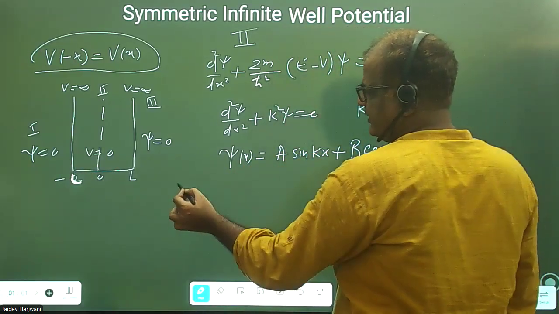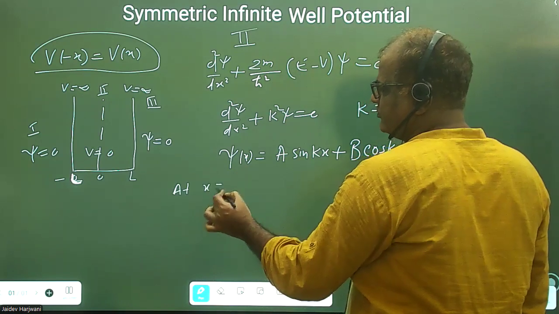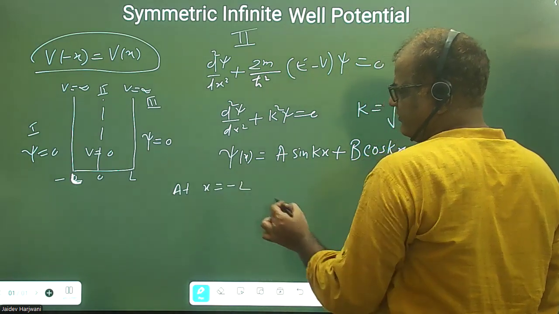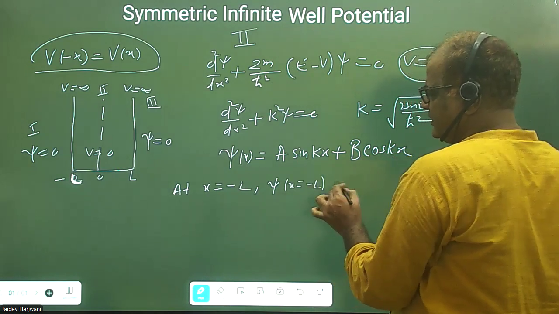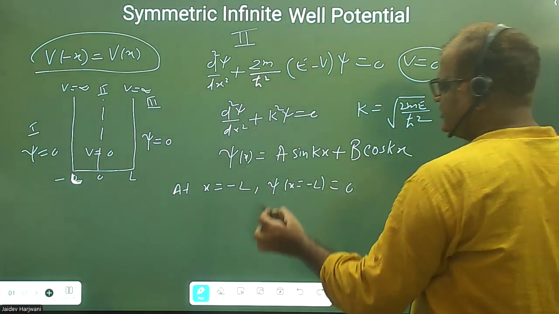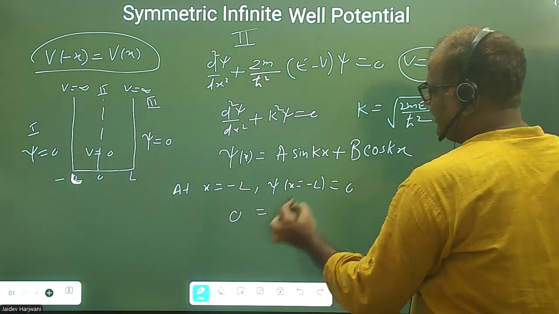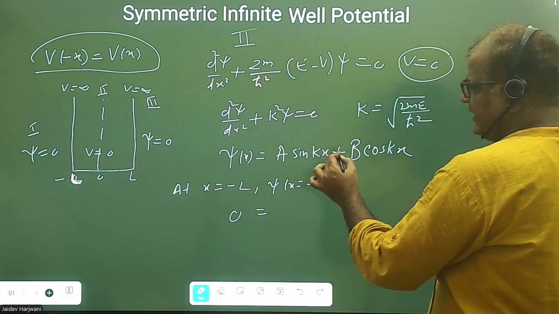So at x equal to minus L, psi at x equal to minus L is 0. Just put it 0 here, and put minus L here.